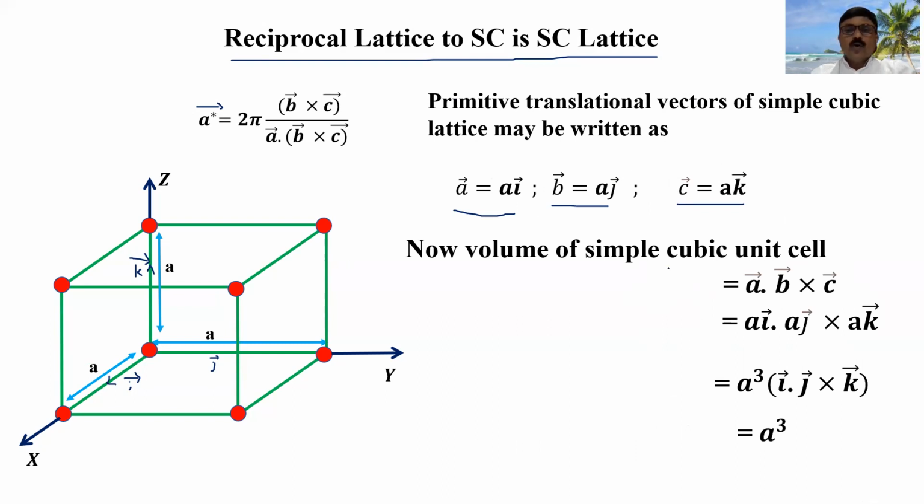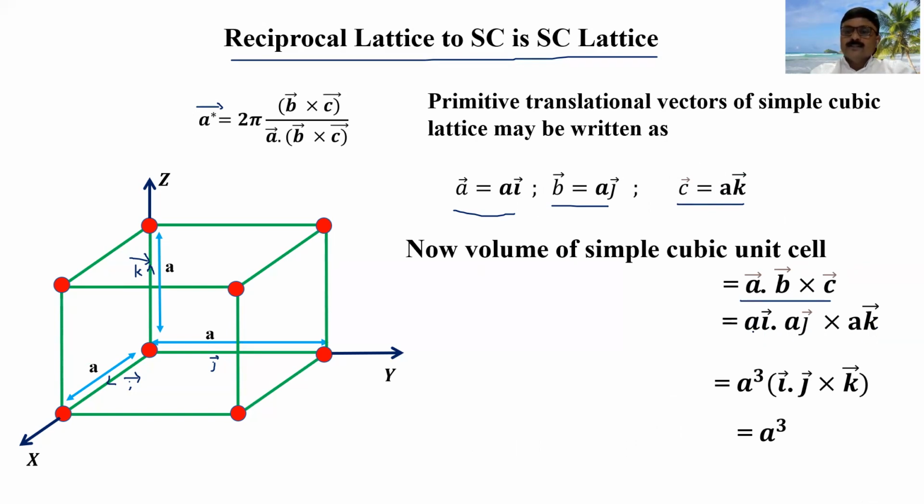Now let us calculate the volume of the simple cubic unit cell. That volume is given as the scalar triple product of 3 vectors, vector A dot vector B cross vector C, that we have studied. Therefore, using the values of vectors A, B, and C, you can write the volume as A into vector i dot A into vector j cross A into vector k.